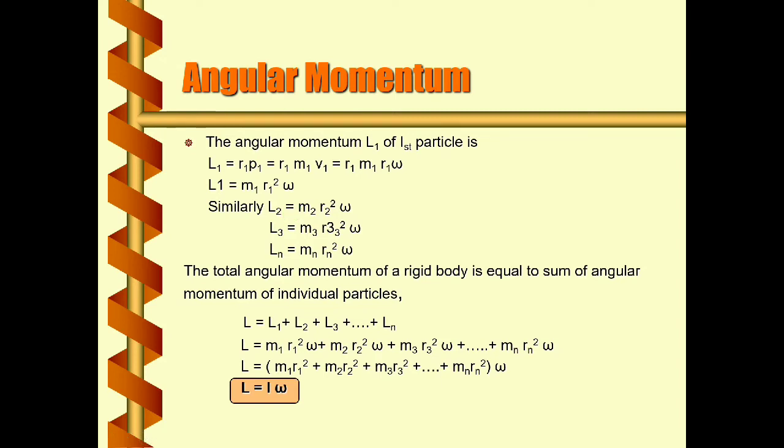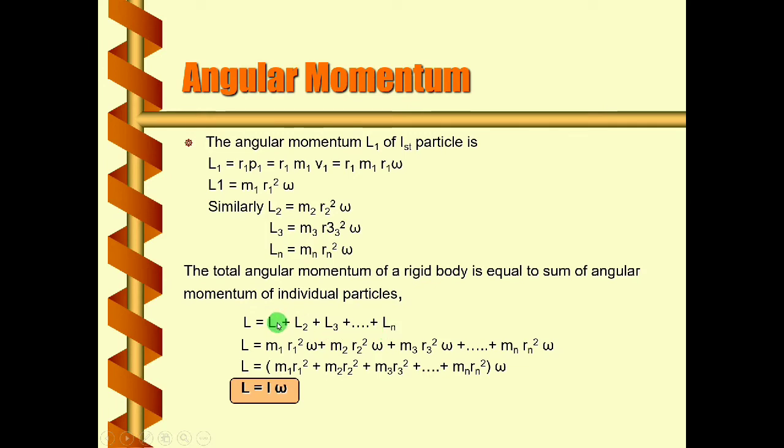So if we write the total angular momentum of the rigid body, that will be equal to the sum of the angular momenta of the individual particles. So we write L equal to L1 plus L2 plus L3 plus likewise up to Ln.